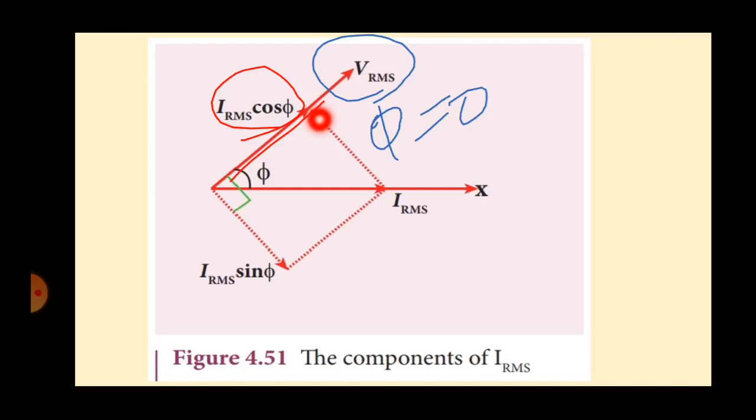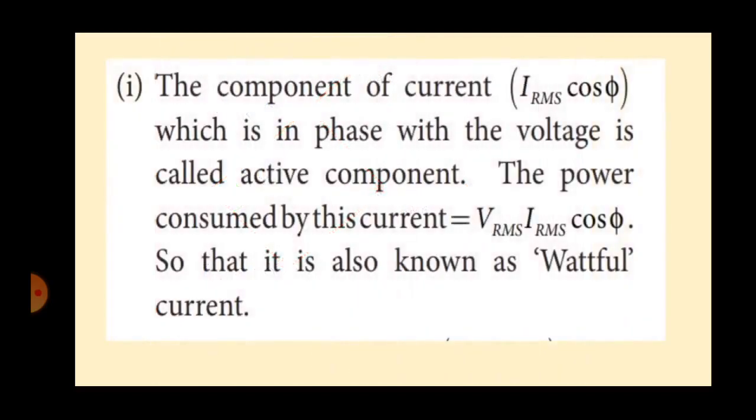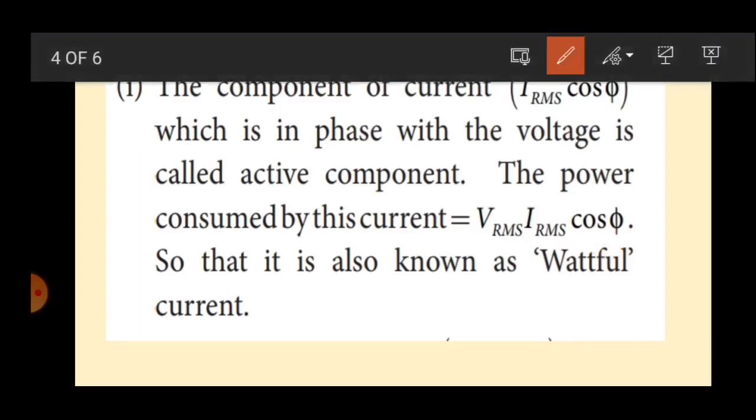Now the power consumed by this current, what is the formula? The average power consumed by the current is equal to Vrms Irms cos phi. What is the angle? In phase with each other, so phi is equal to 0, cos 0 is equal to 1. Therefore the average power is equal to Vrms Irms.